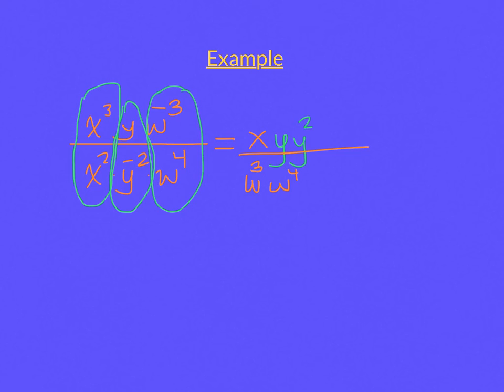All right, so I am going to go ahead and just simplify whatever I can. Up on top, I have x, I have 3 y's, and on the bottom, I have 3 w's times 4 more, or in other words, w to the 7th. And that would be our final simplified expression.